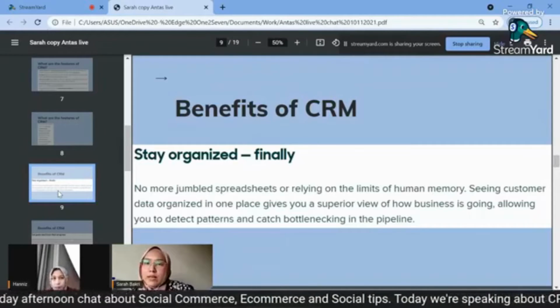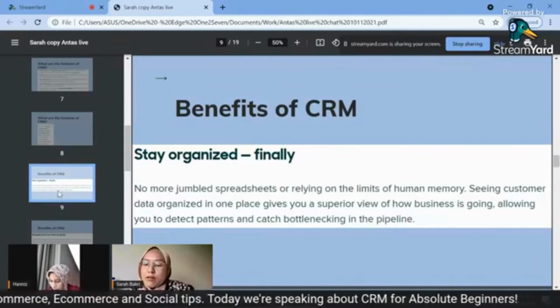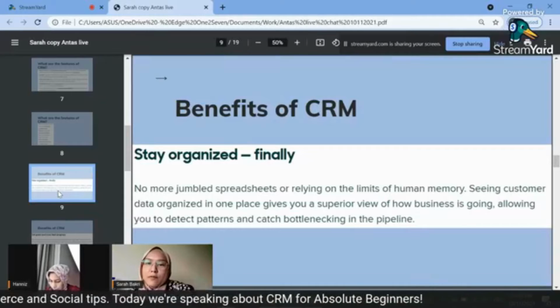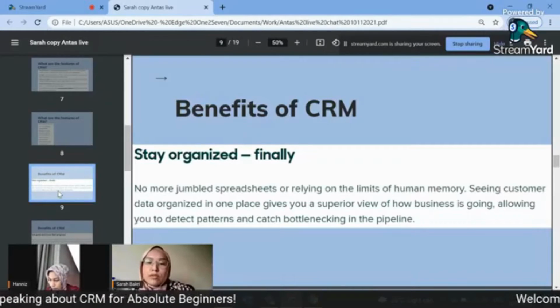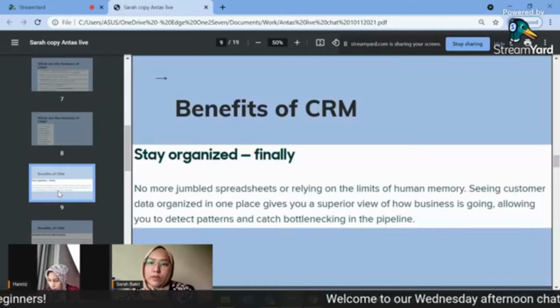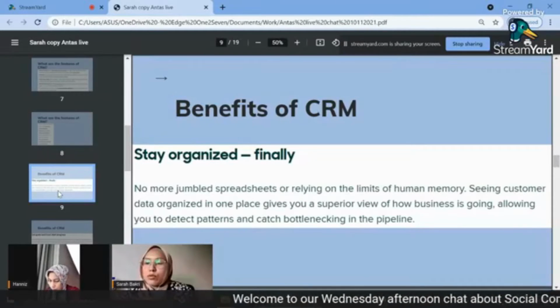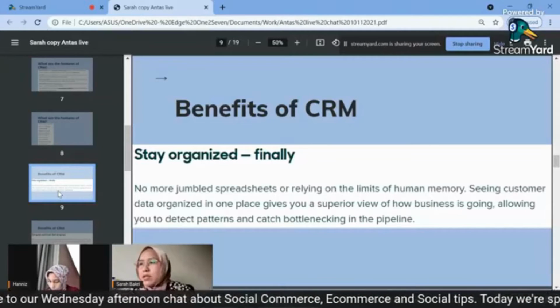So the number one benefit of CRM is you would be organized. No longer do you have to refer to 10 Excel sheets or notebooks, with data everywhere, or on your phone a bunch of numbers where you don't know who to contact, who these customers are, where you got them, or whether they are returning customers.